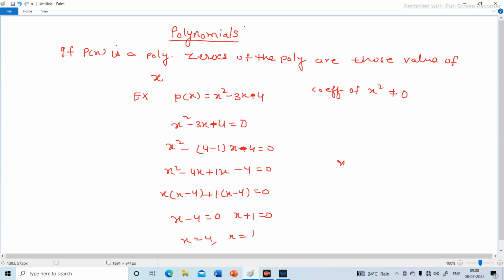The values of x are 1 and 4. These are my zeros or roots of this quadratic equation.